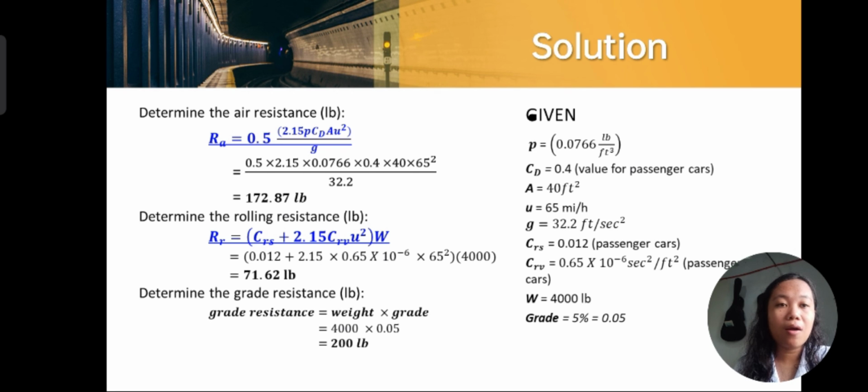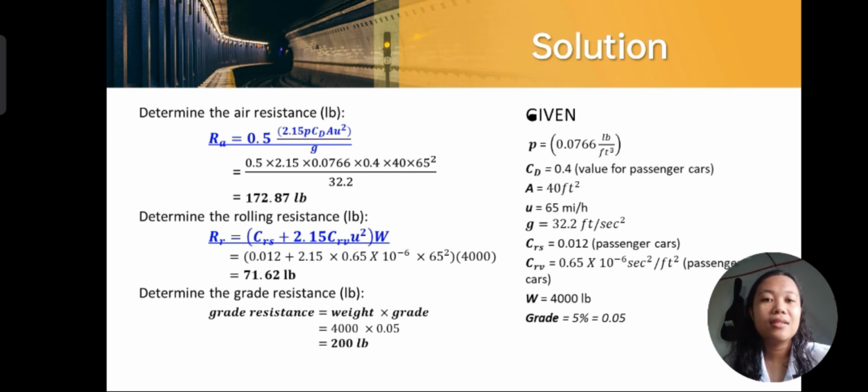The C sub RV is given by 0.65 times 10 raised to negative 6 second square all over square foot for the passenger car, and W is 4,000 pounds. Again, substitute the given to the formula, which gives us the quantity 0.012 plus 2.15 times 0.65 times 10 raised to negative 6 times 65 squared, multiplied by the weight, which is 4,000. And it gives us 71.62 pounds.